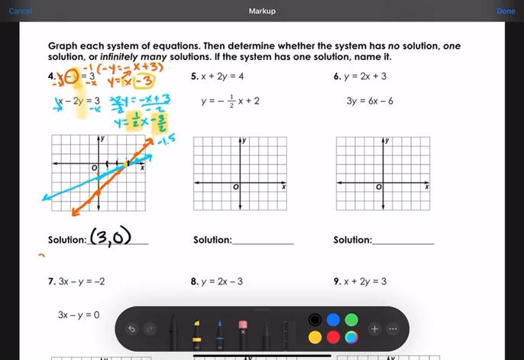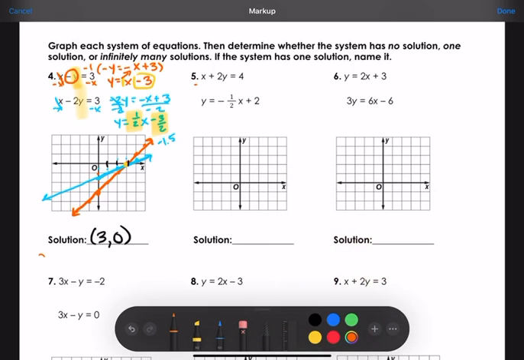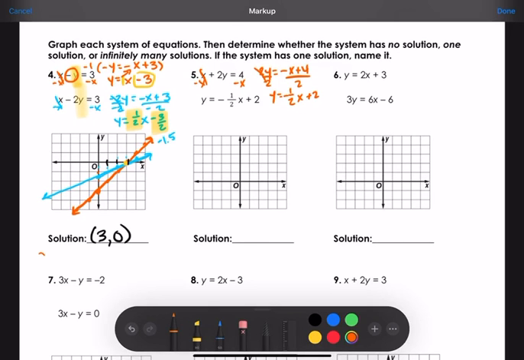All right, next one. Need to solve for y. I'm going to subtract x from both sides. I'm left with 2y equals negative x plus 4. Divide everything by 2. I get y equals negative 1x over 2, so negative 1/2 x, plus 4 divided by 2, which is 2.